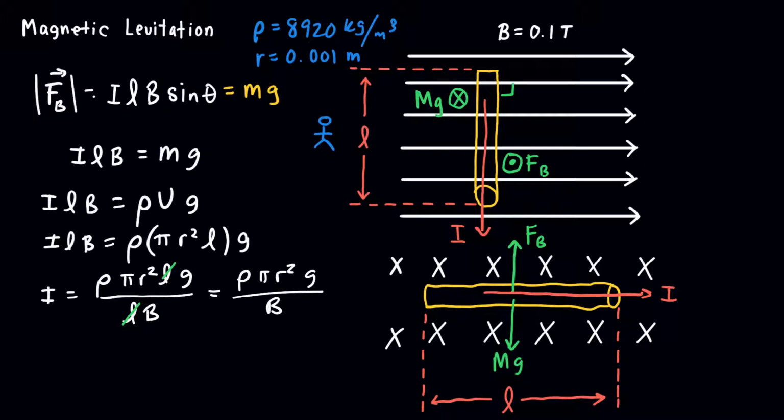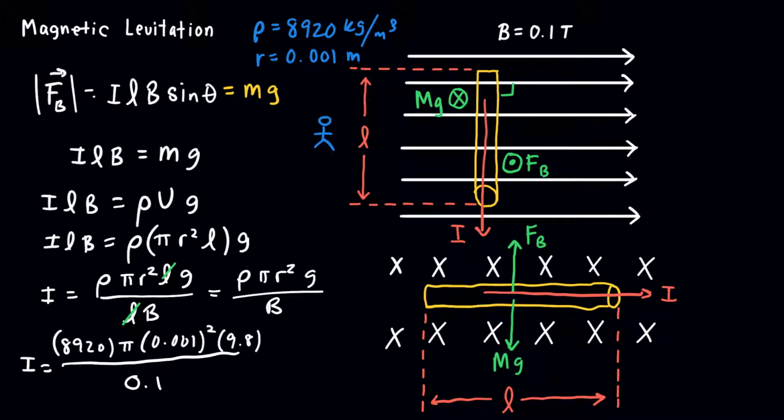So let's see what the current would need to be. The current, I, would be the density, 8,920, times pi, times the radius squared, which would be 0.001 squared, times the acceleration due to gravity of 9.8, divided by the strength of the magnetic field, which is 0.1.